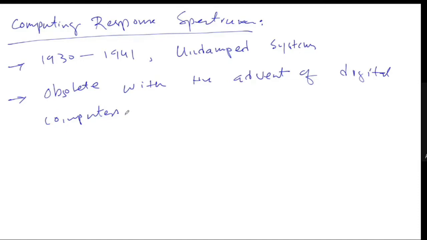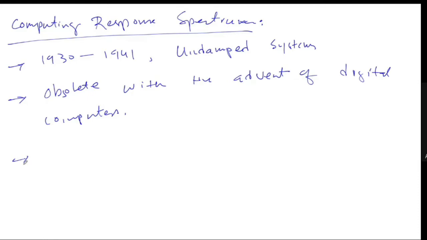And actually, because of the lack of computers, determining the earthquake response spectrum was a formidable task for several decades. I mean, it was quite difficult to do the computation for the response spectrum development using the day-time computers.